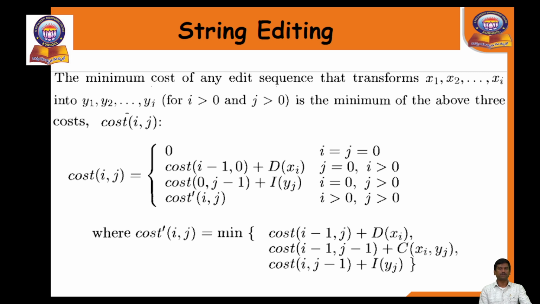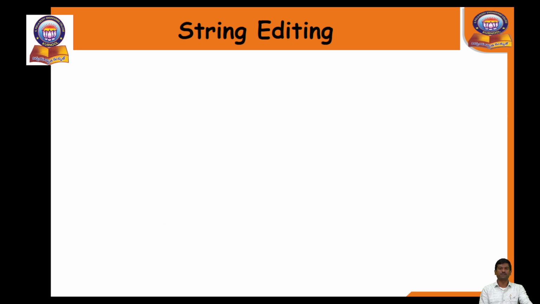How to compute cost dash of i comma j is given by the formula: minimum of cost of i minus 1 comma j plus delete on xi, comma the next part, that is cost of i minus 1 comma j minus 1 plus change the symbol from xi to yj. And you also have to find the other one, that is cost of i comma j minus 1 plus insert of yj. So these are the formulas or computation statements required to find the cost of how many operations are required to minimize or to get the optimal solution.